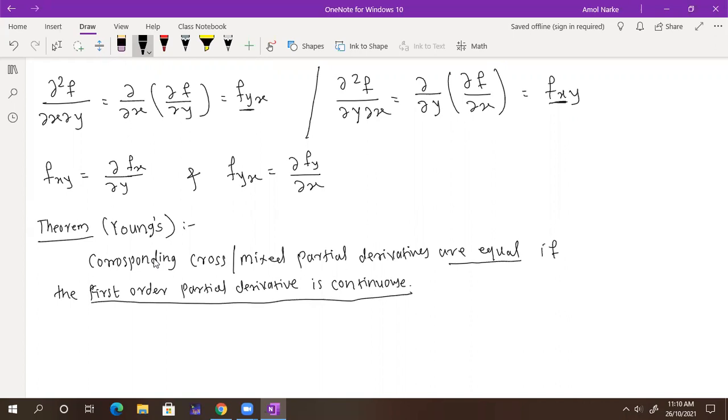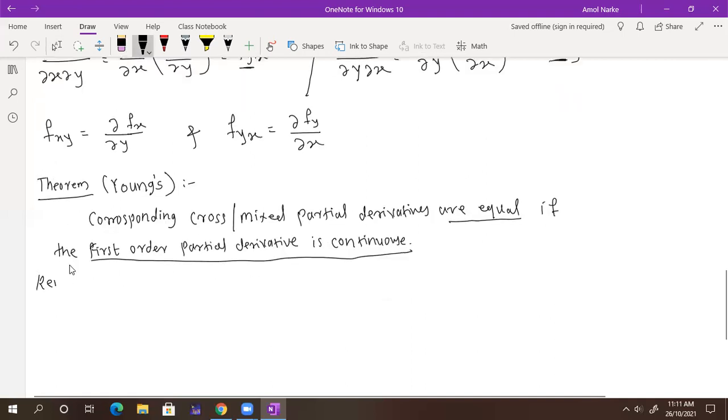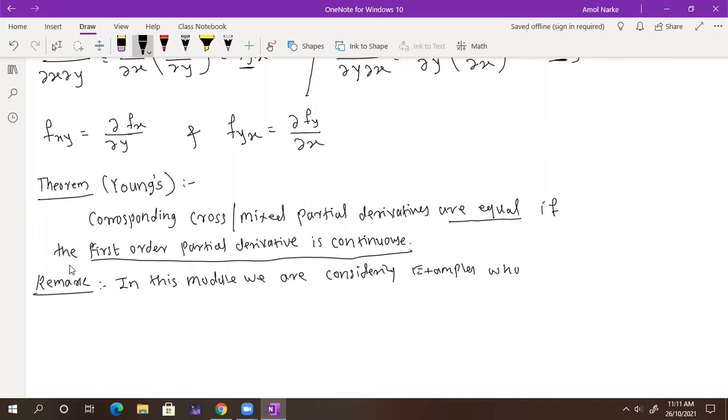But right now in this module, we are going to consider, so write down remark: in this module, we are considering examples whose first order partial derivatives are continuous.